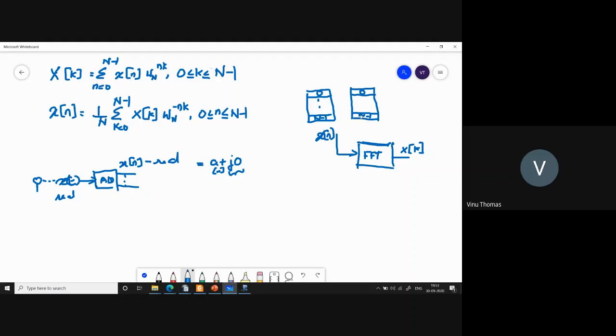But if the device utilization summary is, let's say, 140%, it means that you will require 1.4 times the block RAM that is available within the FPGA, which means you cannot implement that algorithm on the FPGA. You'll have to look at a better FPGA to implement your algorithm. So in general, your resources are at a premium, so you have to very carefully utilize your resources.